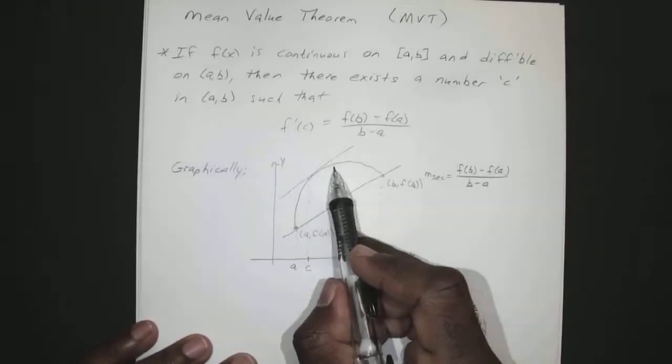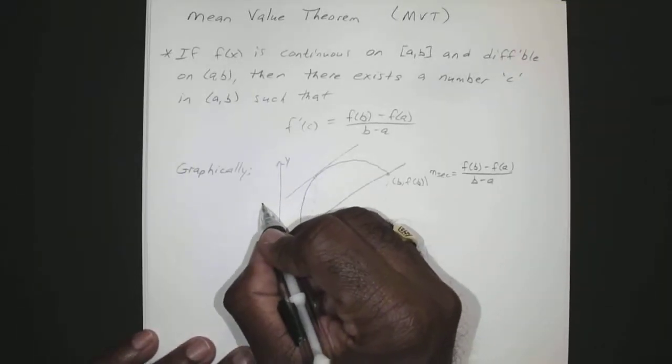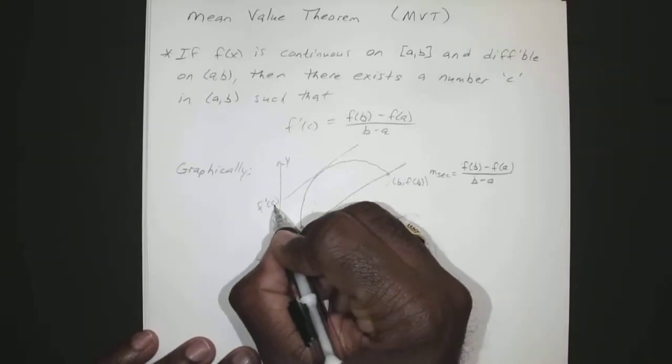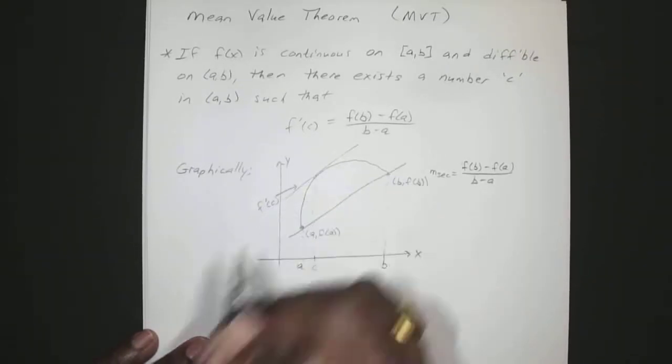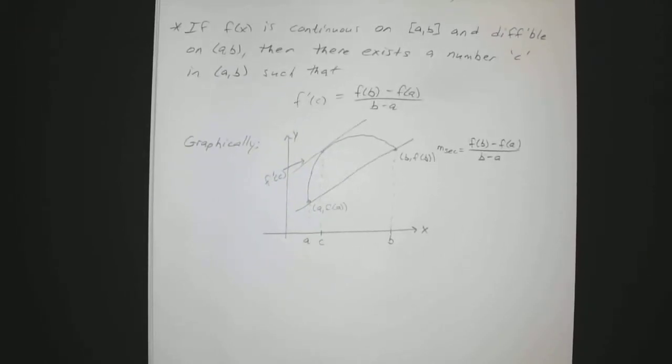Now, the C could be here, it could be here, it could be anywhere in between the two. But at some point, your f prime of C will be equal to that. All right. Any questions on that one?